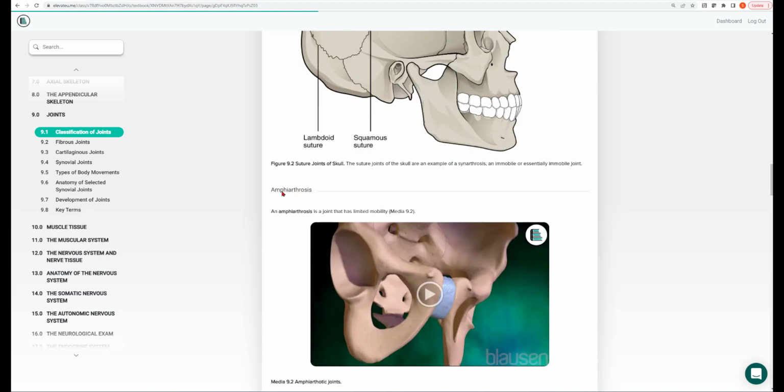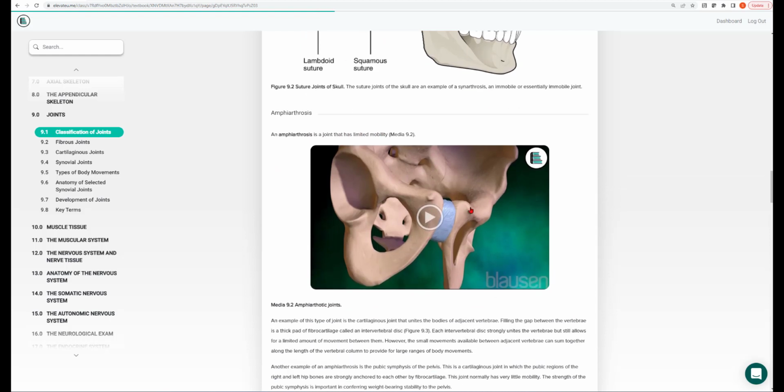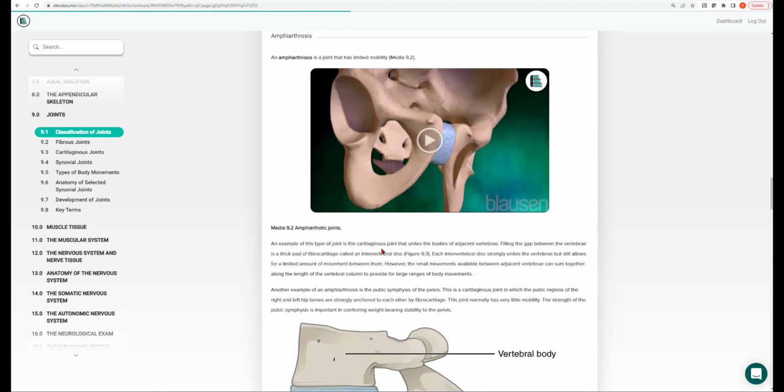Then we have amphiarthrosis. Again, these are joints with limited movement. You can watch the video here. And a good example of an amphiarthrosis are the cartilaginous joints that unite the bodies of the vertebra.